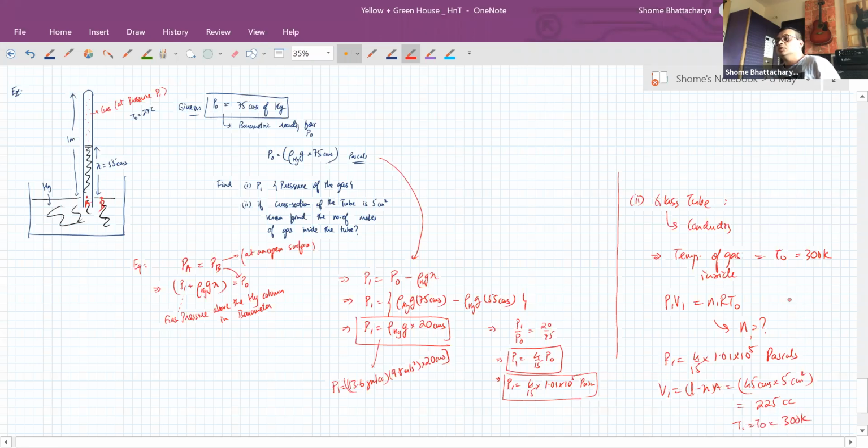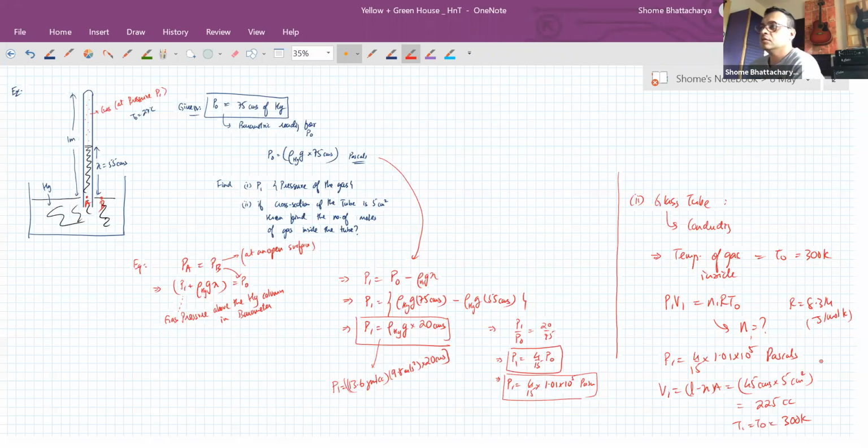And R is 8.314 joules per mole Kelvin. So from that you will find the number of moles. I'm not completing the calculation here, but just telling you that this is how the barometric approach is used in solving a question related to an ideal gas, and how you have to interpret the data given in terms of barometric pressure.